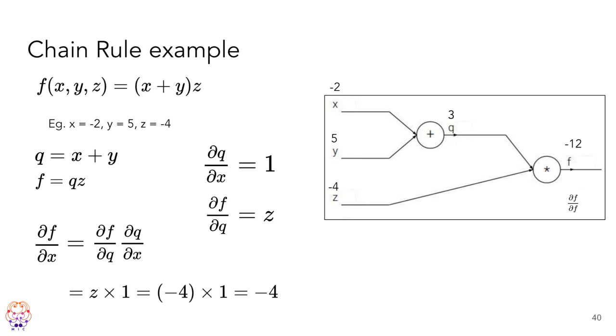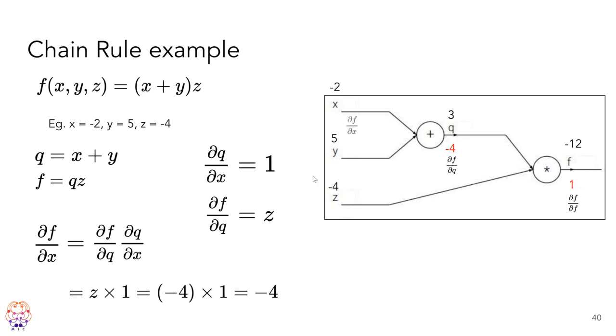So what does it look like in the computation graph? Well, if we take the derivative of f with respect to f, that's 1. If we want f with respect to q, now it's different, so we have this term here, and then z is equal to -4.